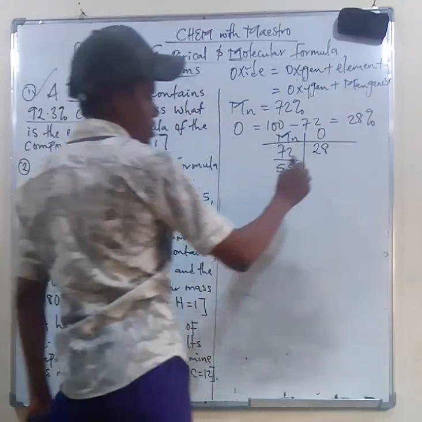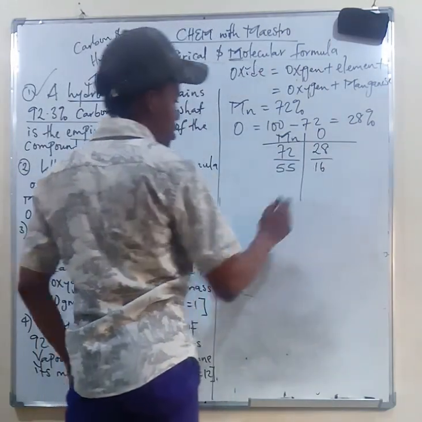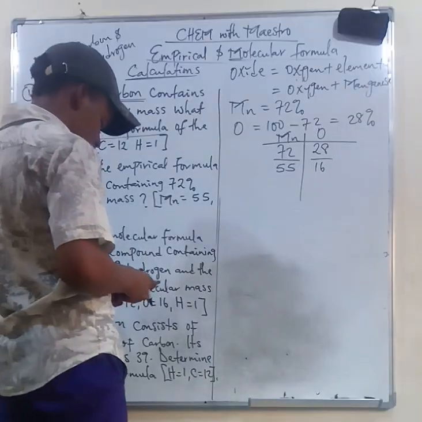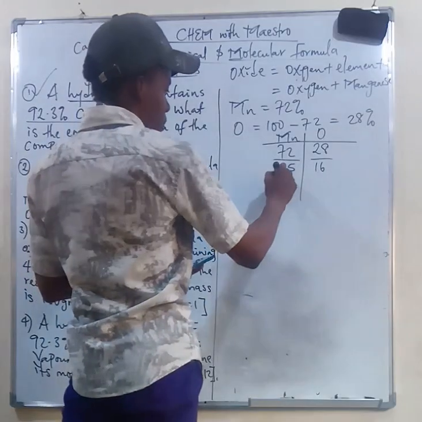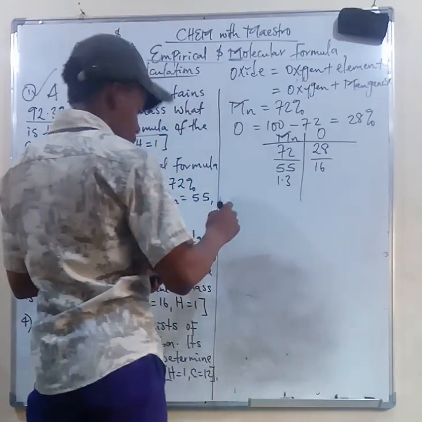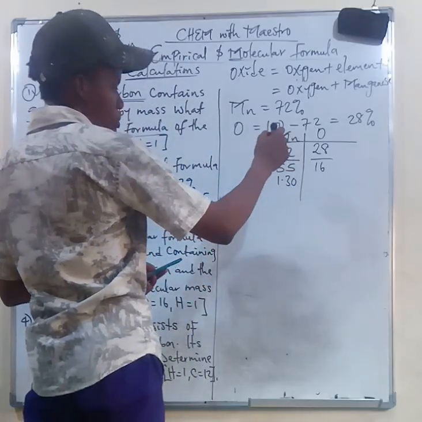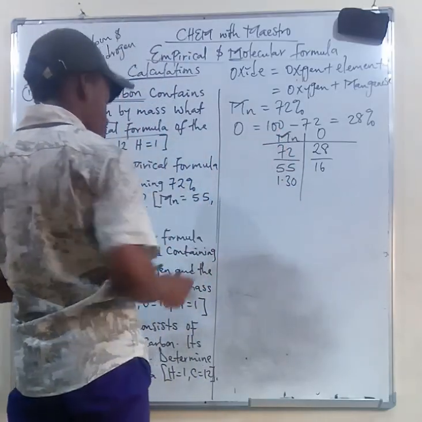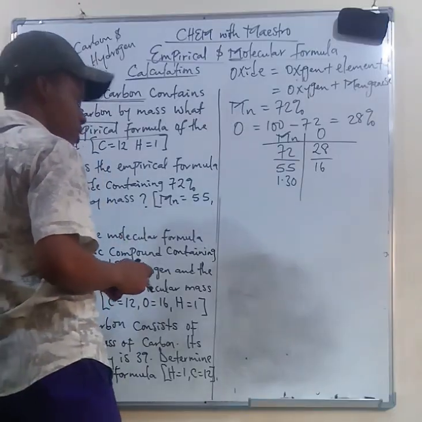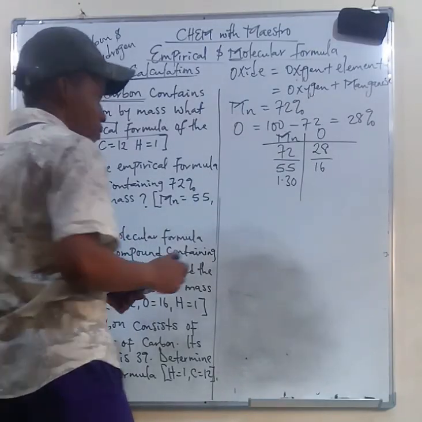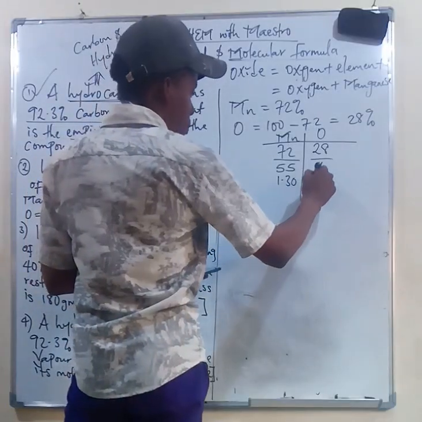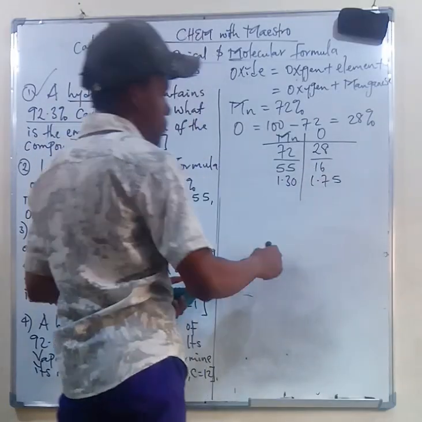We're given 16. Now, 72 divided by 55, what do we get? 1.30. Let's just leave it as 1.30 to two decimal places. Then 28 divided by 16, what do we have? 1.75.